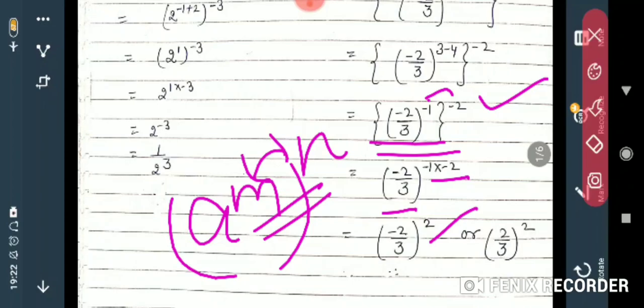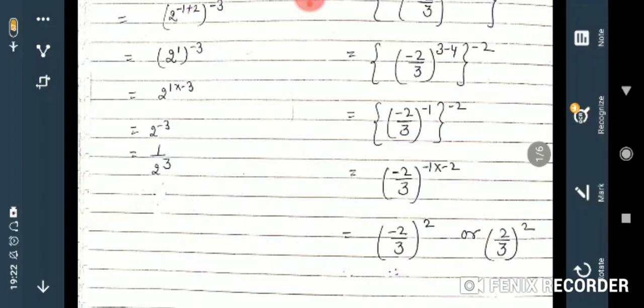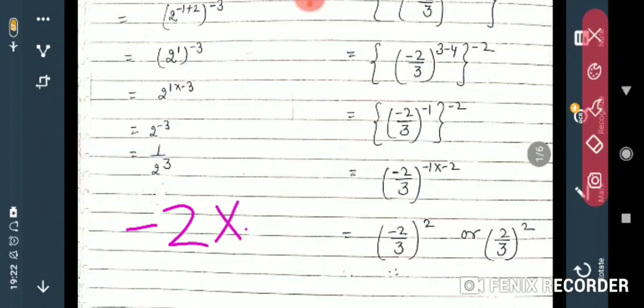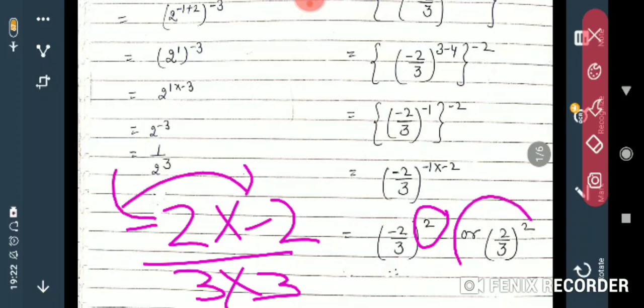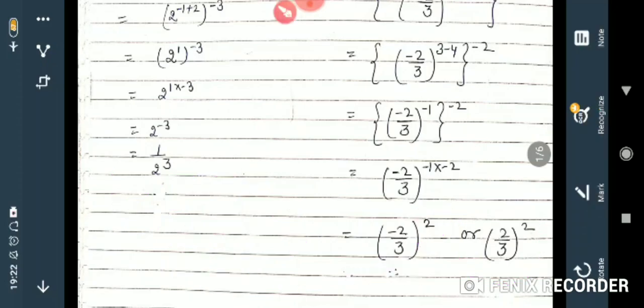So minus 2 by 3 to the power 2. Or how can you write it? If you solve it, minus 2 multiply minus 2 upon 3 multiply 3. As the power is even, minus minus is plus, so you can write it as 2 by 3 to the power 2, or you can leave your answer here only.